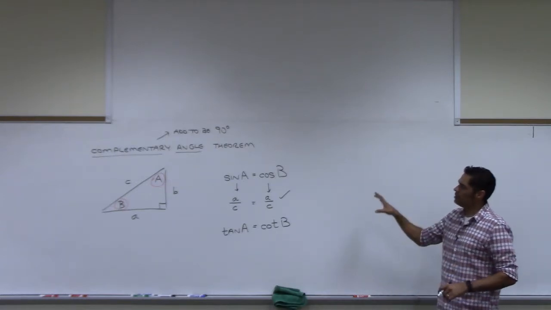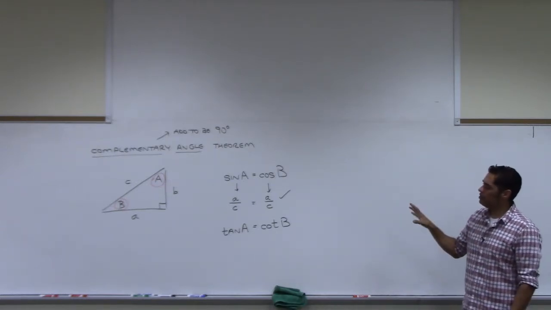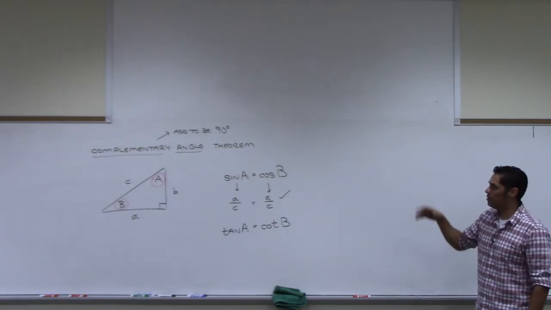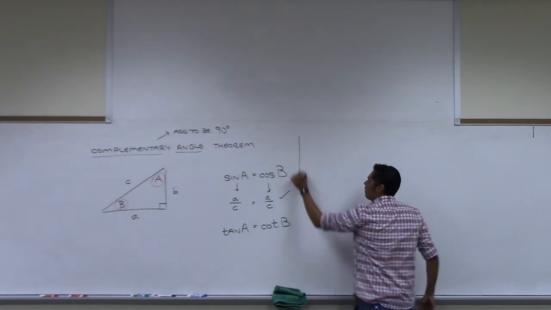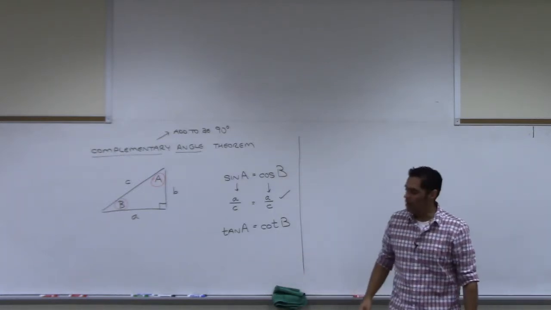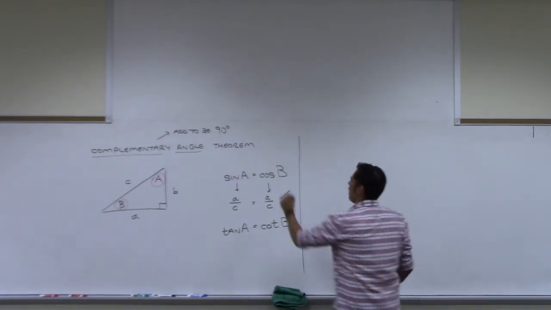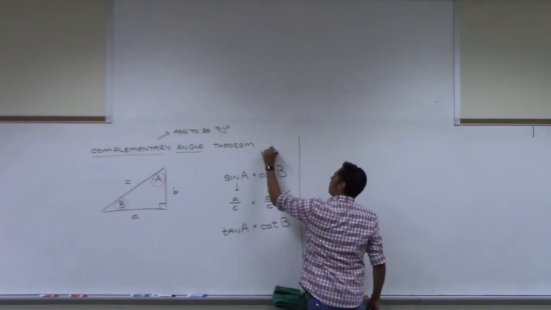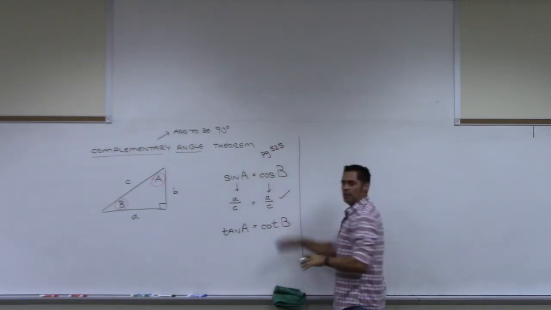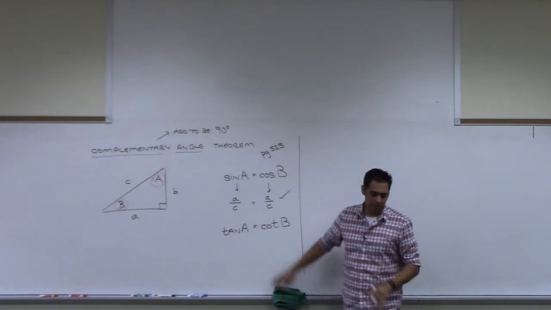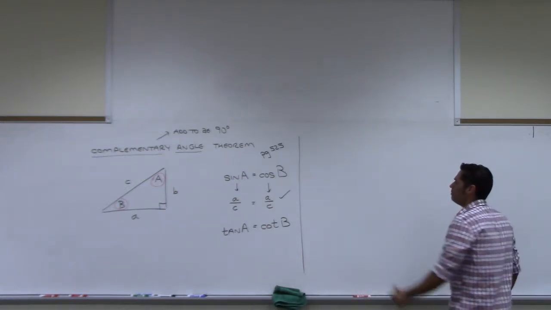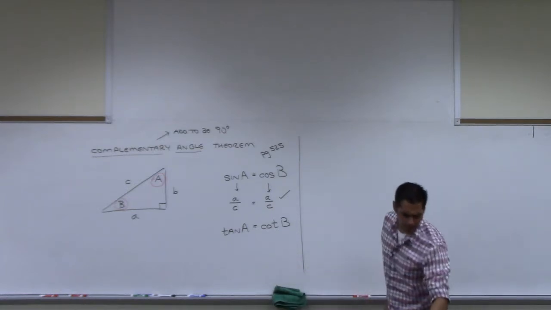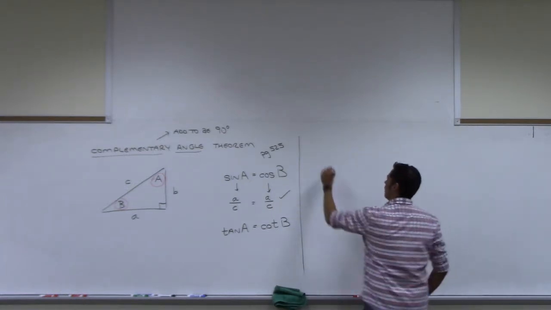Now these identities, or this theorem, lead to something that is used quite a bit, and that's the following. I'm just going to reference page 525 if you want to look at the complete list of all of these complementary angle theorem results. They don't have a name for this really.